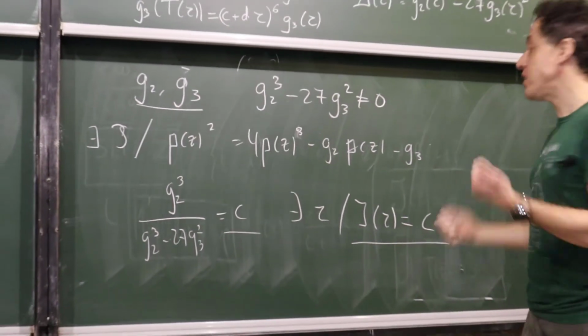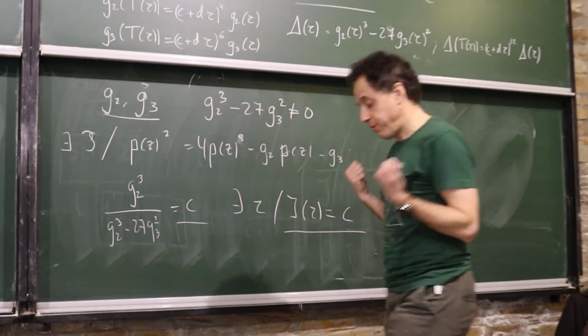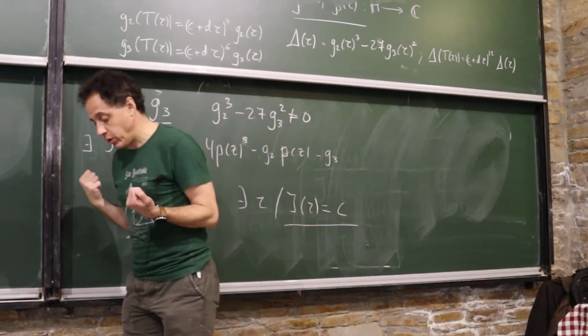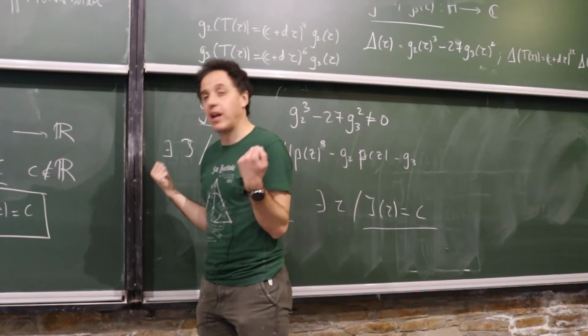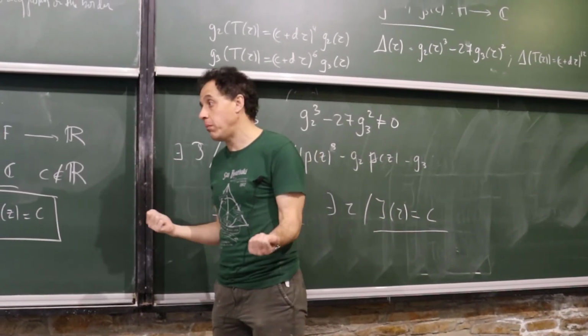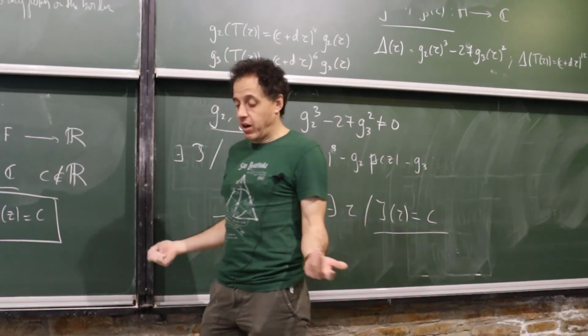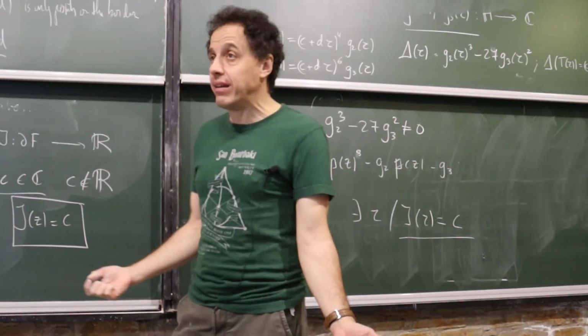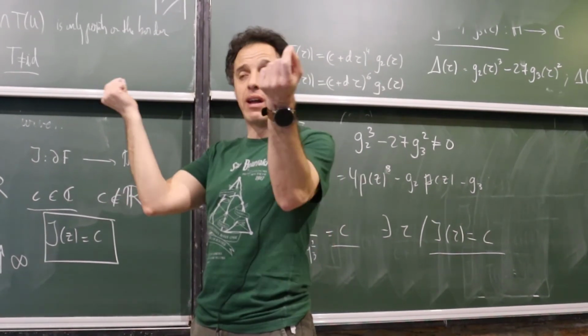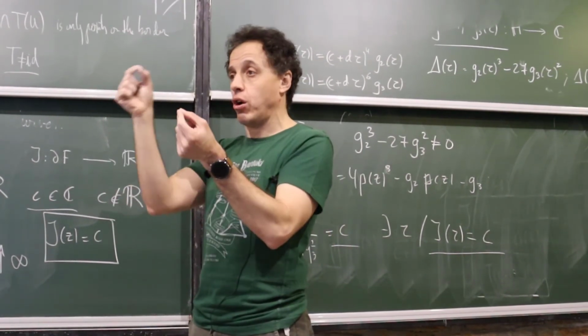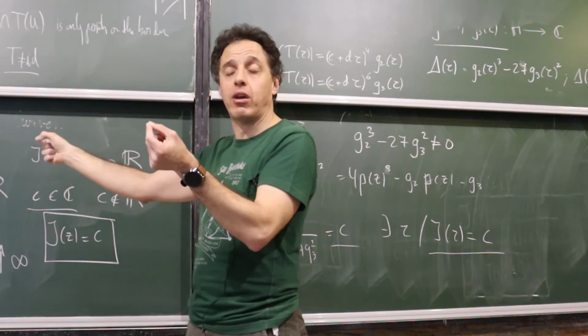In fact, this function j classifies all these lattices in the following sense. Two such lattices are analytically equivalent, so by holomorphic map, if and only if, for a tau associated to the lattice, j of tau is equal to j of tau prime.